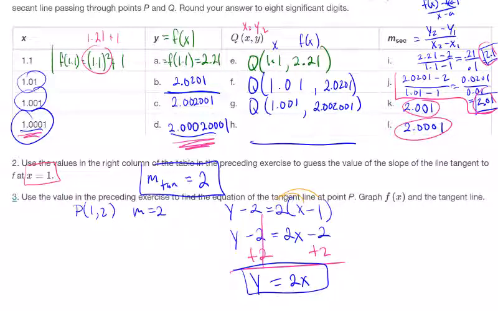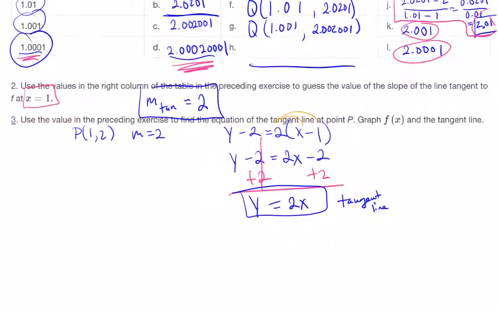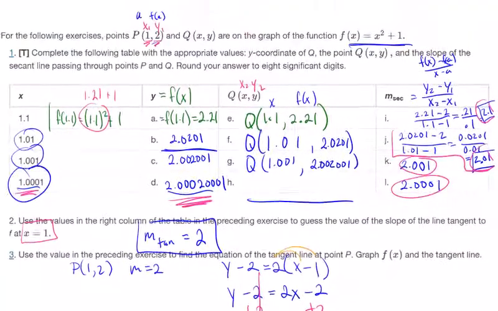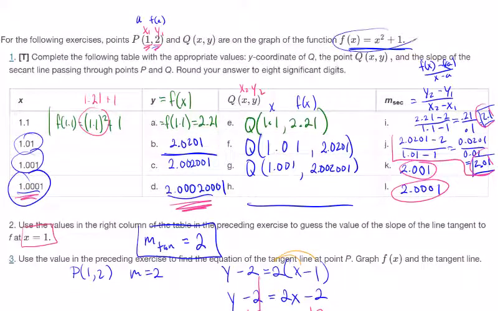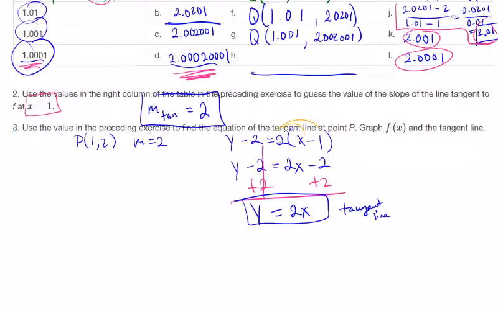That's a tangent line, right? Okay, and then it says graph f of x and the tangent line. So f of x, this is a quadratic, right? This is a vertical shift by 1, so it's going to go up 1. So it basically is just a normal parabola starting on the origin, except I'm going to move it up 1, so it starts on the positive y-axis. Okay, so it's going to go something like that. So this is f of x.